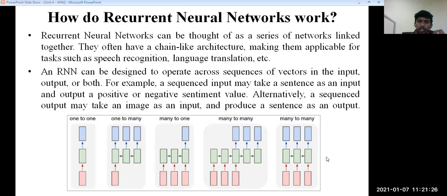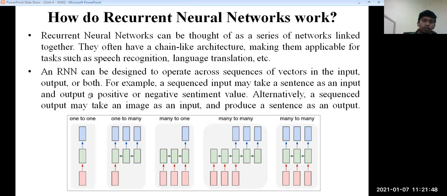Okay, so an RNN can be designed to operate across sequence of vectors in the input, output, or both. For example, a sequenced input may take a sentence as an input and output a positive or negative sentiment value. So whenever you give some input and ask whether it is good or bad, you may get a comment whether it is good or bad.